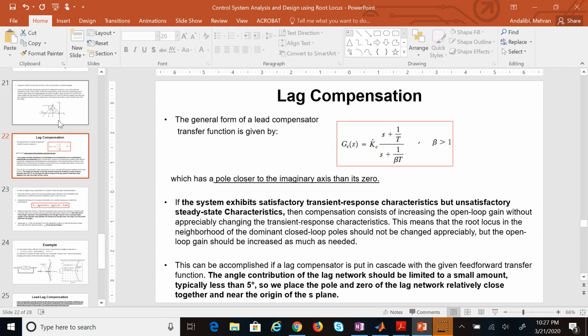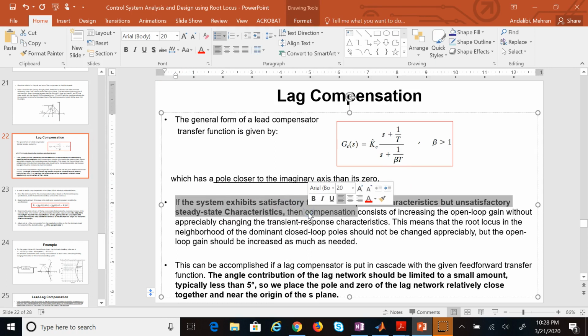So we want lag behavior to be quite independent of lead behavior. We want each one of them to do a separate job and not affect the improvement that the other one made. So the goal of the lag is to boost up the gain of the system without changing the transient response of the system or changing the root locus much.